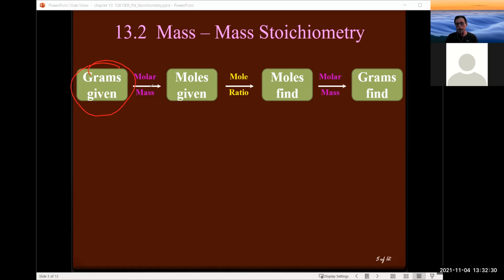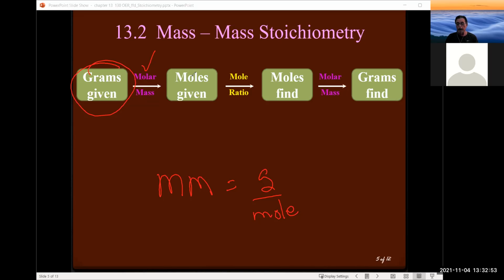Well, if I need moles, guess what? If I start off with grams of some molecule, I need the molar mass. Because remember, the molar mass has units of grams per mole. So I need to go from grams to moles using the molar mass.